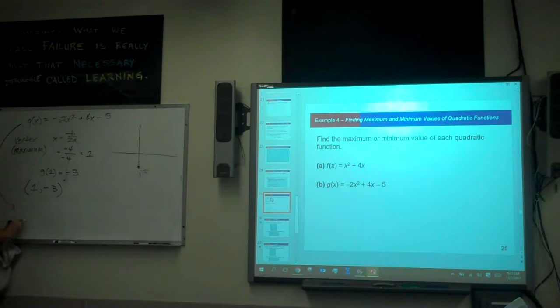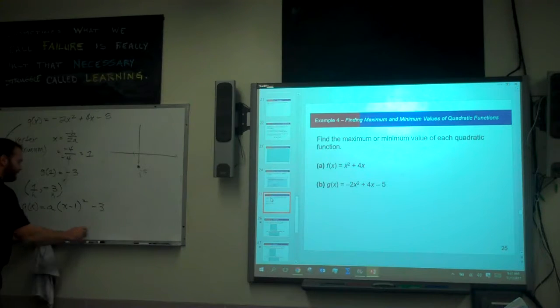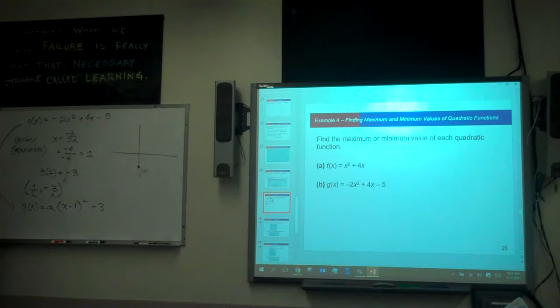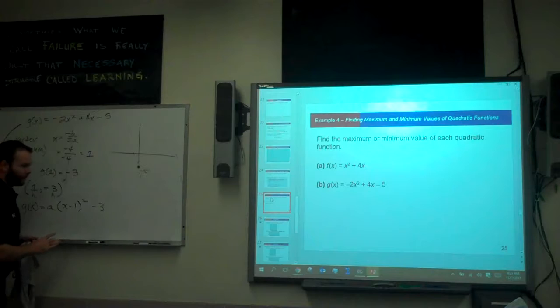So rewriting g of x: a times x minus h, remember that's h, so minus 1 squared, plus k, that thing there is k, so minus 3. Now just think about this. We've always got to remember that a is there. We talked about it yesterday. I want to show you again.